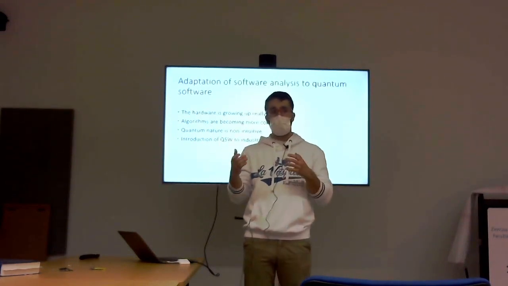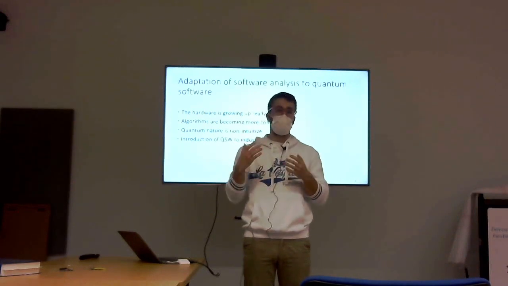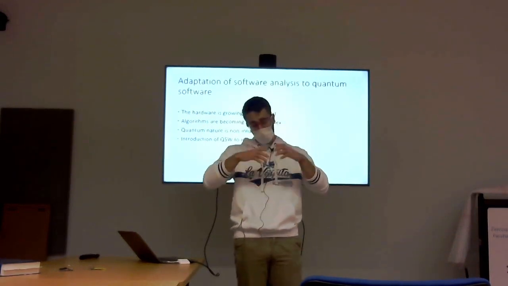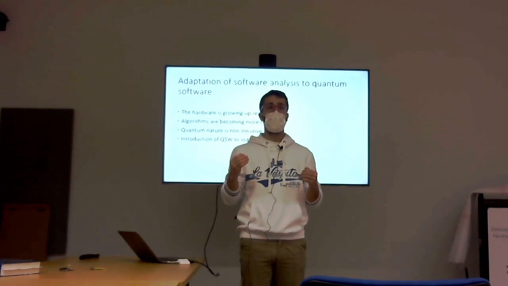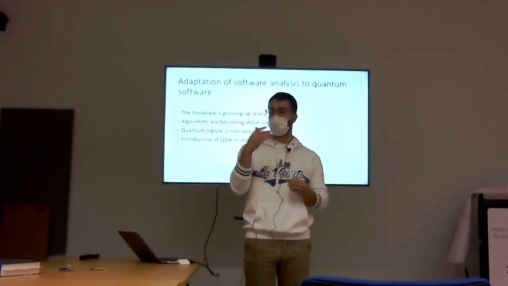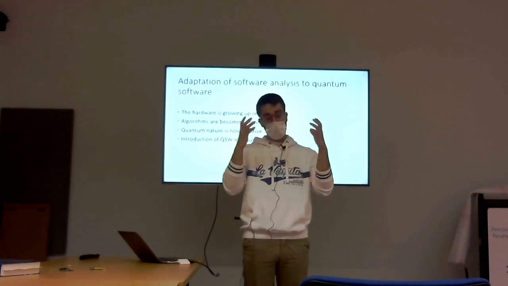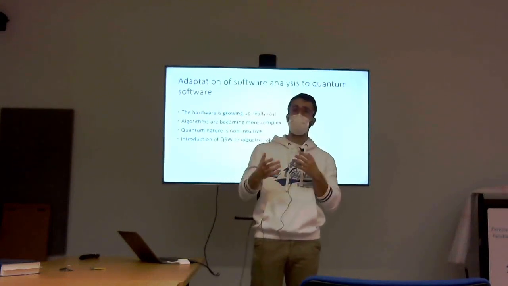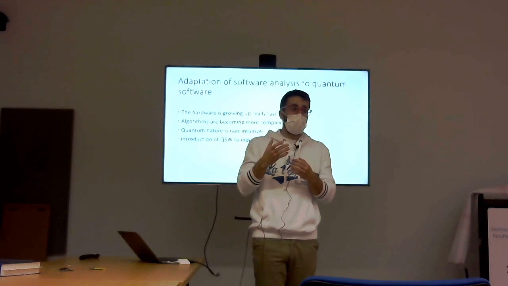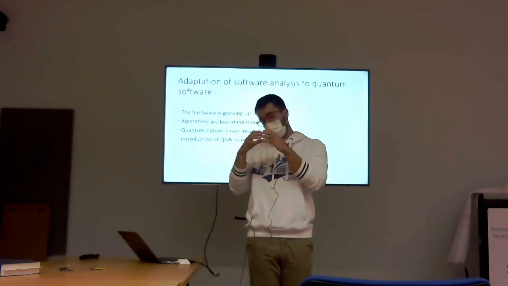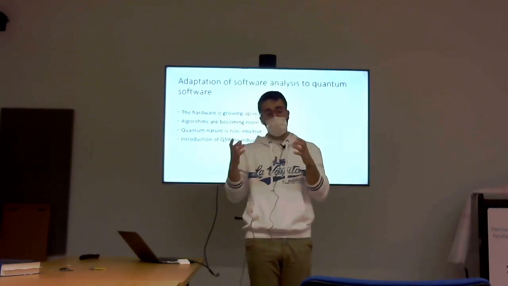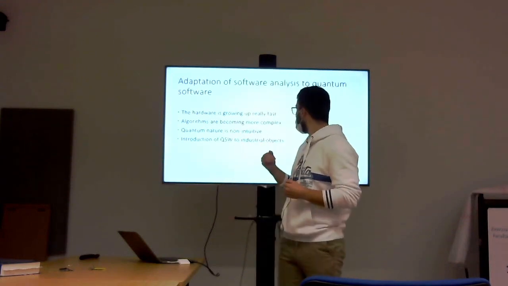It's because the hardware and the algorithms are growing really fast. In three or four years, you will not be able to check everything by eye, and you have to make some methods to check everything.